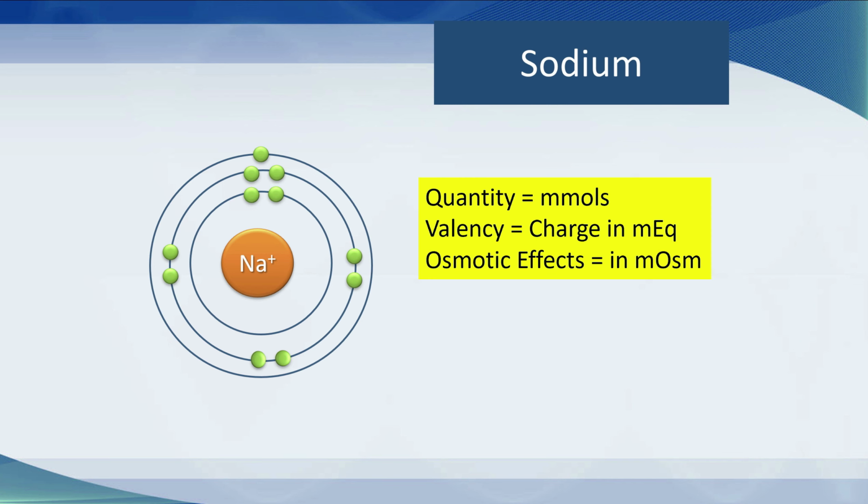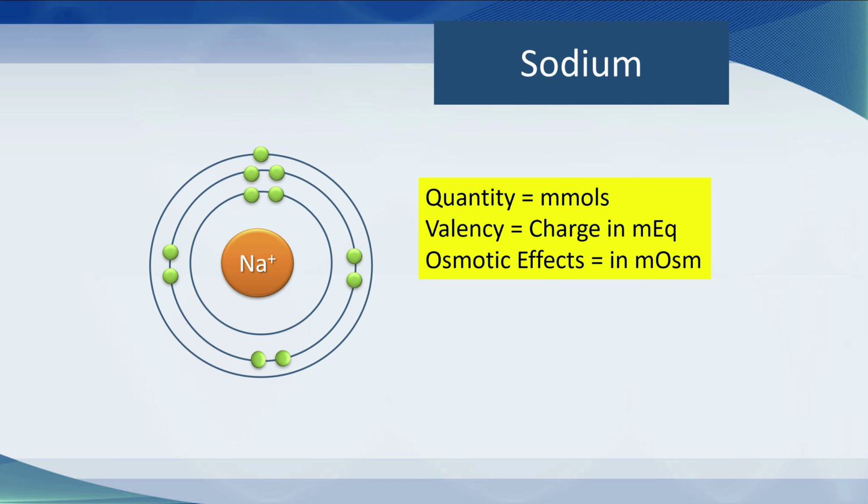But when we measure sodium in chemistry and in the body, we measure the quantity of sodium usually as millimoles. For example, the normal plasma sodium is 140 millimoles per liter. The osmotic effect of a single particle of sodium is measured as milliosmoles.